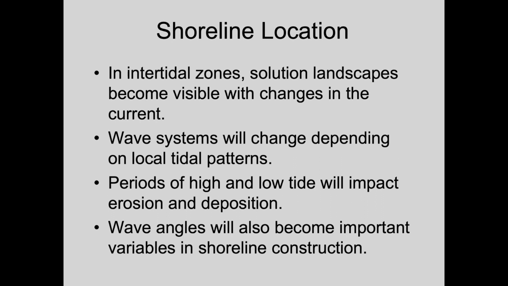So, for example, if you were to compare a longshore low angle current system to a rip current or a directional current, you would see very different shores as a result of these two different kinds of energy environments. One, a more long-term low energy environment, and another environment that is high energy and very abrupt in nature.